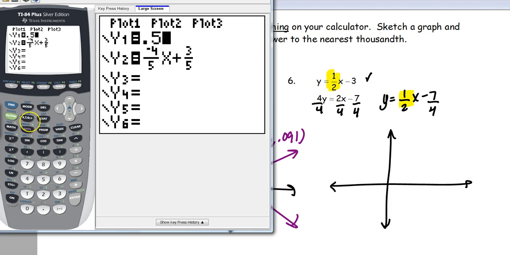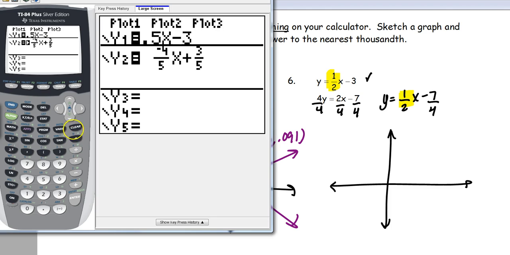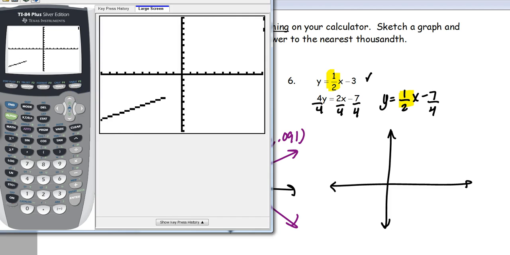Feel free to put 1/2 as 0.5 if you'd like. .5x minus, and graph.